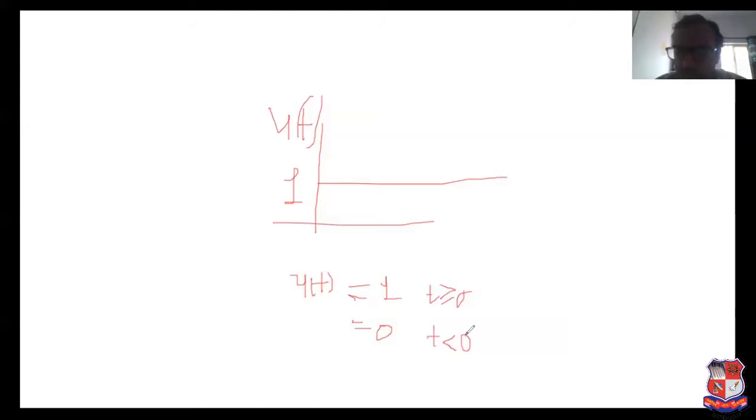So it is known as the unit step signal. Sorry, I said unit impulse earlier; it is known as the unit step signal.